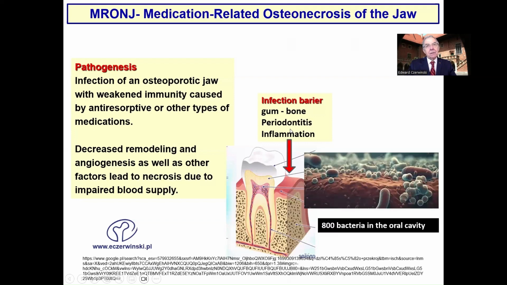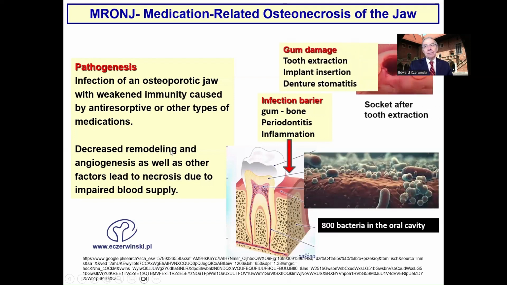But periodontitis, of course, increases that risk. So you have an osteoporotic jaw with weakened immunity caused by antiresorptives or other agents because they decrease bone remodeling and angiogenesis. So if you have blood disruption, perhaps from the infection, that is the first cause, but some say that the necrosis is the first step, so it can develop ONJ.